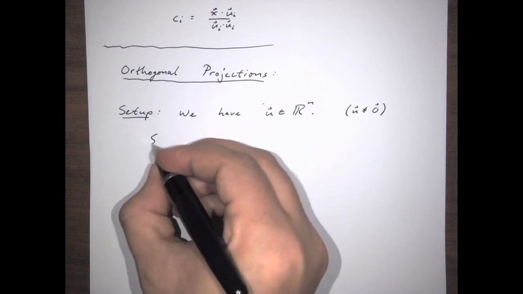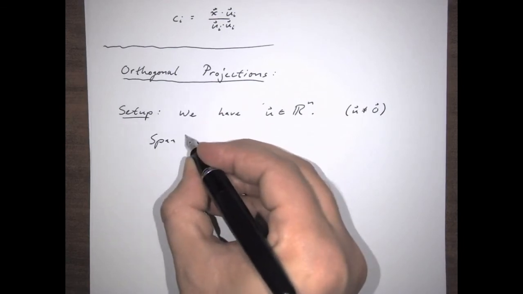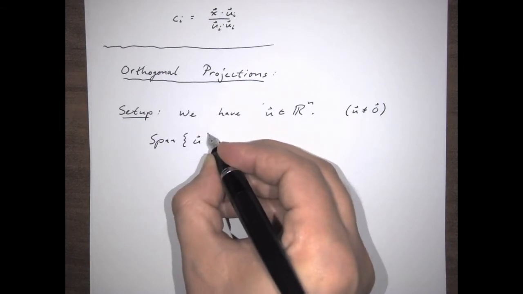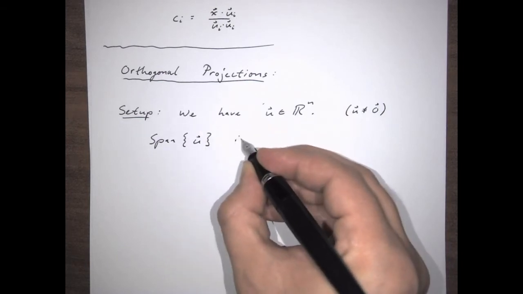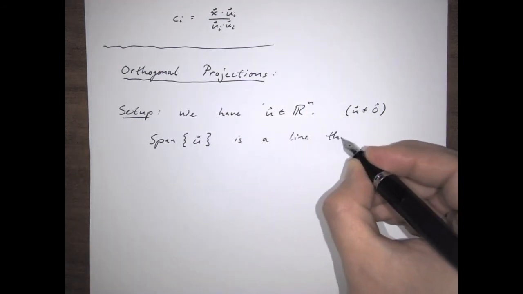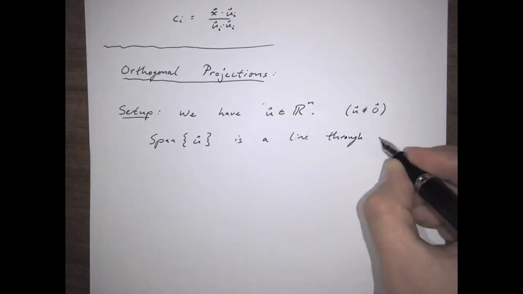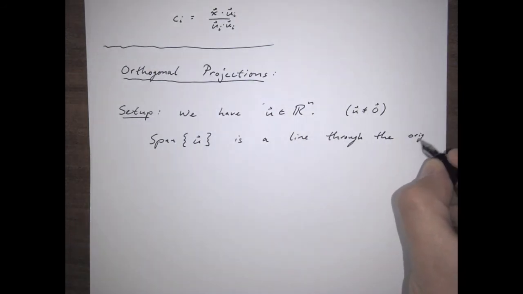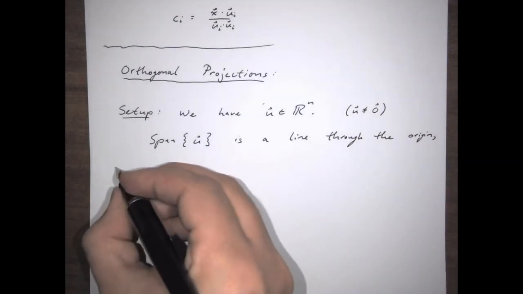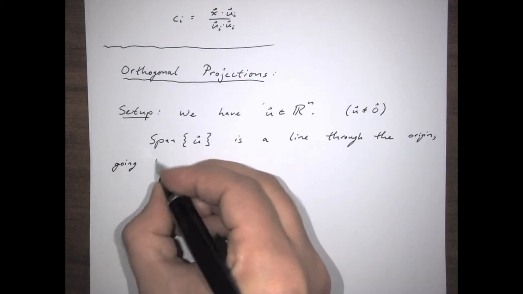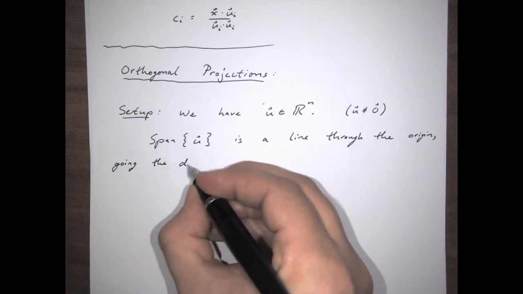So then the span of u is a line through the origin going in the direction of u, the direction indicated by u.